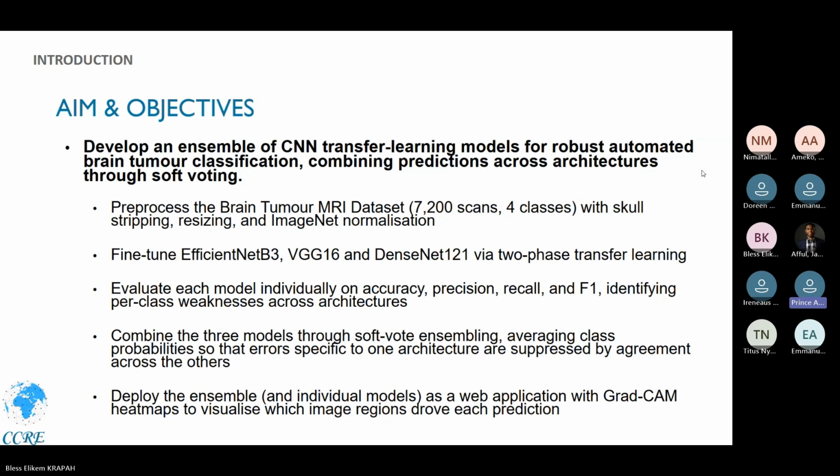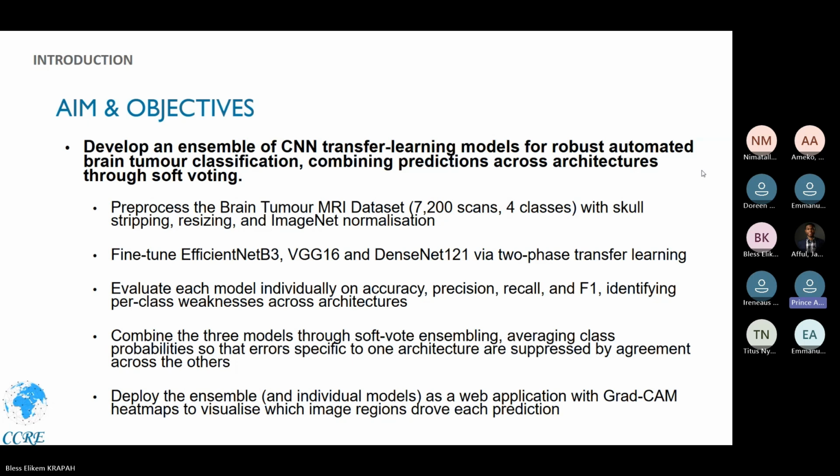We then fine-tune the models we selected, EfficientNet B3, VGG16, and DenseNet 121, via a two-phase transfer learning process. We then evaluate each model individually on 4 evaluation methods: accuracy, precision, recall, and weighted F1, identifying per-class weaknesses across all these architectures.